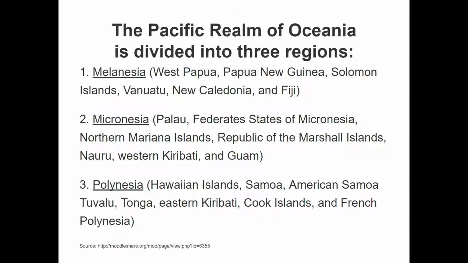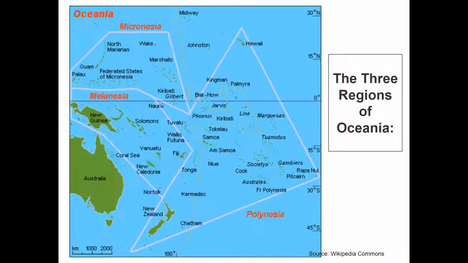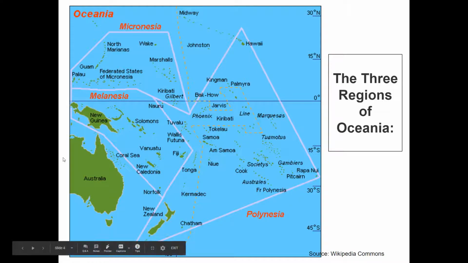And I know looking at this probably doesn't make a lot of sense, so let's just take a look at a map. And there you can see Melanesia, which has New Guinea and the Solomon Islands, and Vanuatu and Fiji. Is all right here. Melanesia is close to Australia. Then you have Micronesia, which is north of that, and they have Guam, the Marshall Islands, Federated States of Micronesia, right? You can see that there.